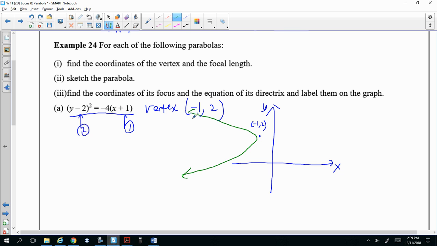So this equals -4, a equals 1. So you go back one step, and then you work out the focus as well as the directrix. The focus will be, going left one step, (-2, 2), isn't it?